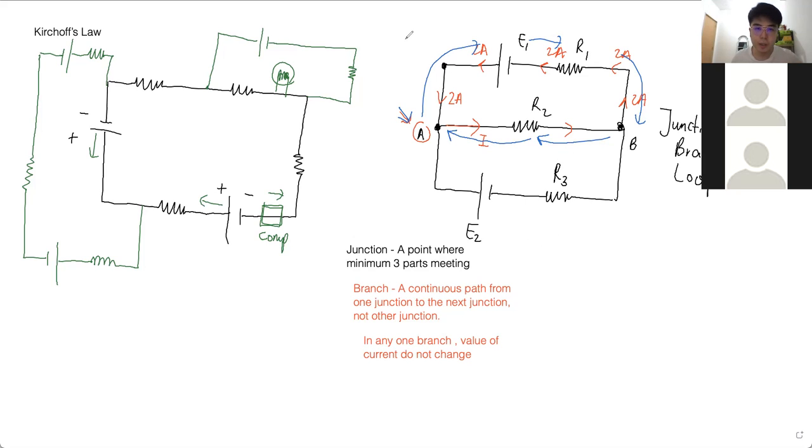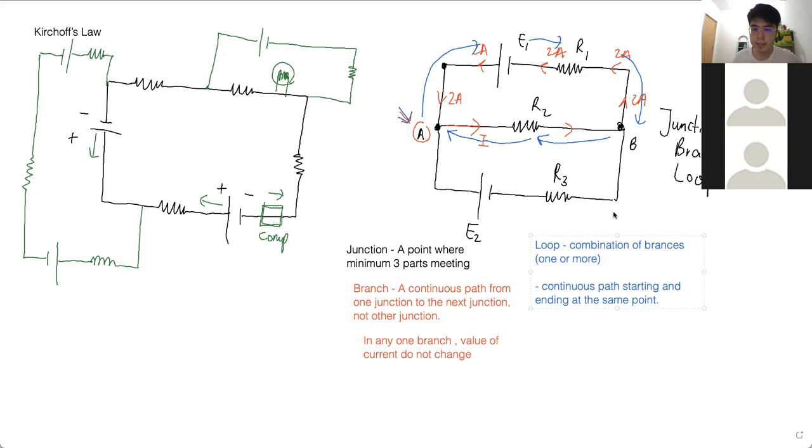Okay, so here a loop is a combination of branches, can be one or more. It is also called a continuous path, starting and ending at the same point.